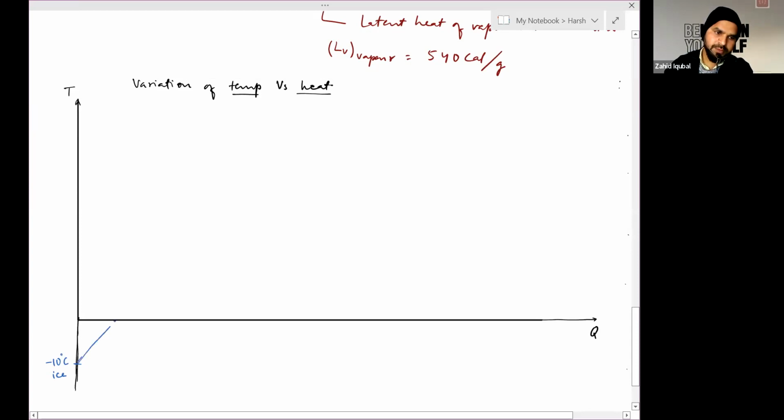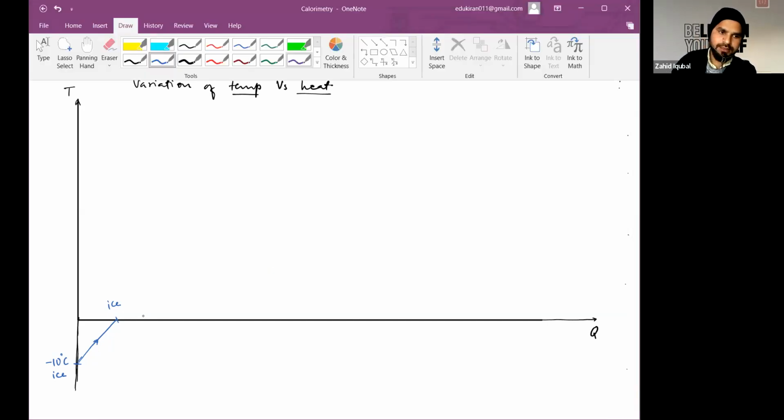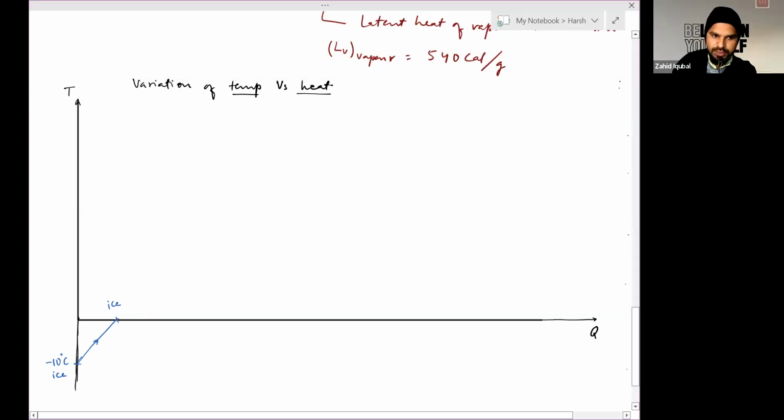From this point to this point, it will remain ice. This amount of heat being supplied is responsible to change its temperature, that is called specific heat. Further, at this point, if you supply heat, its state will change from ice to liquid water till this point.